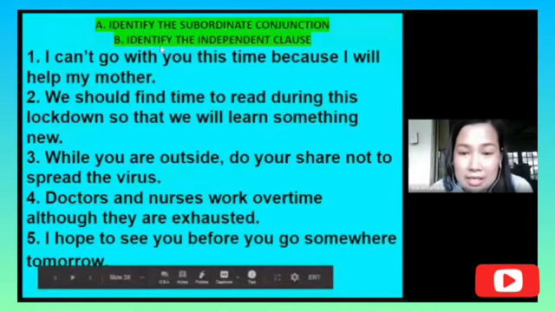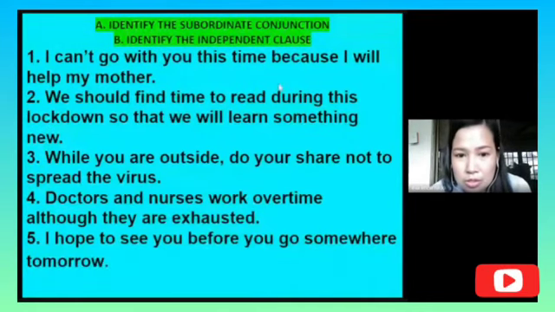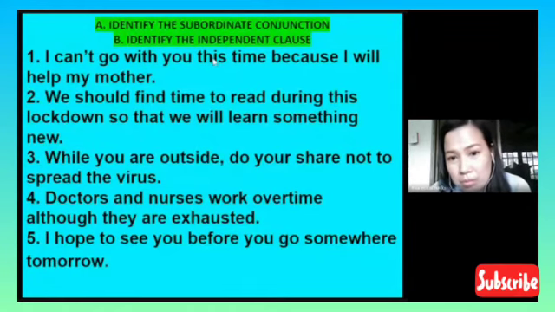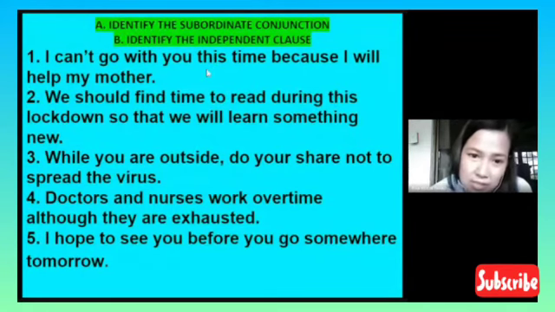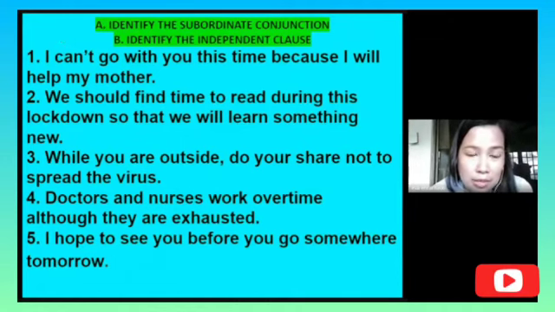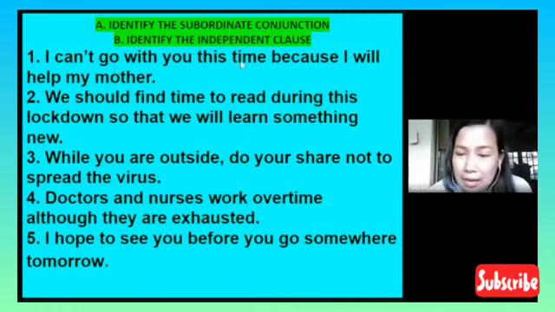Alright, so now class, next na tayo ha, next activity. Identify the independent clause in each sentence. So, you can volunteer yourself kung kaya mo at alam mo naman yung sagot, mag-volunteer ka na. Halimbawa, example ko na sa number 1. Number 1, I can't go with you this time because I will help my mother. So, sabi ni teacher, identify mo ang independent dyan.